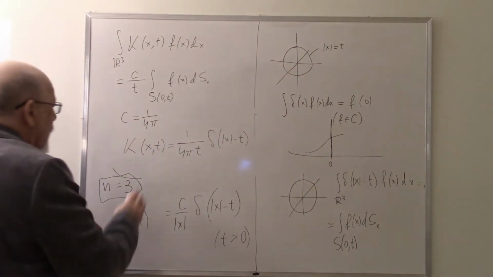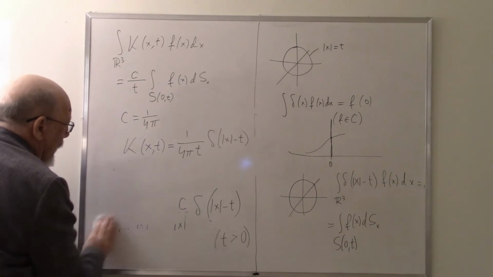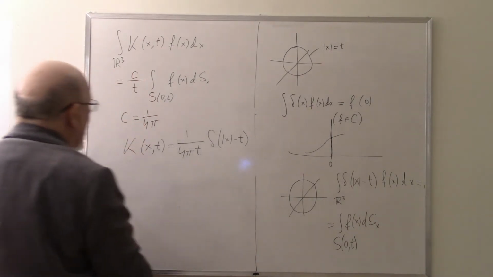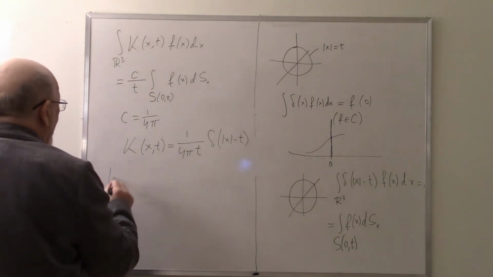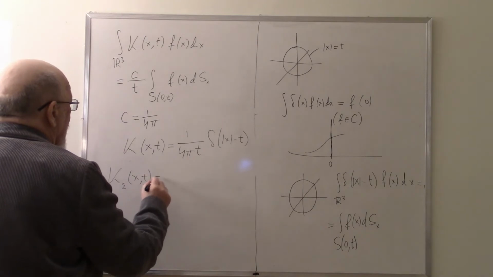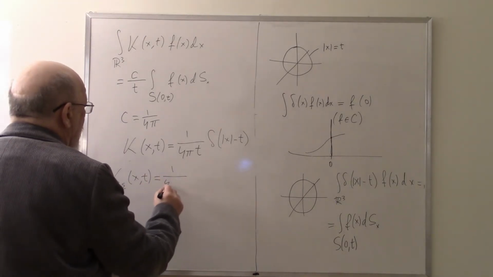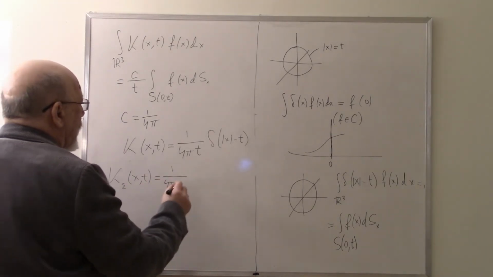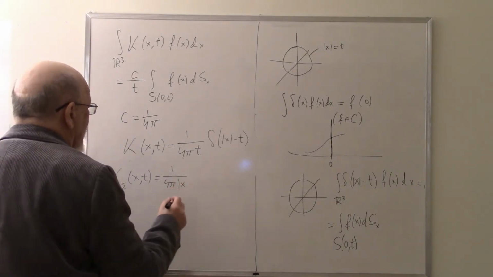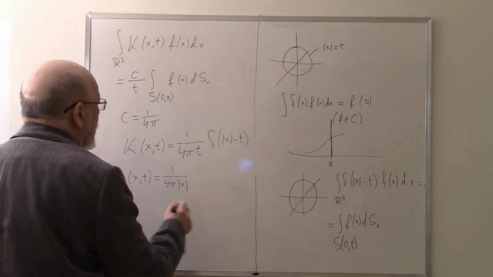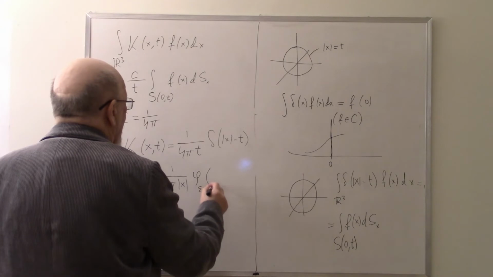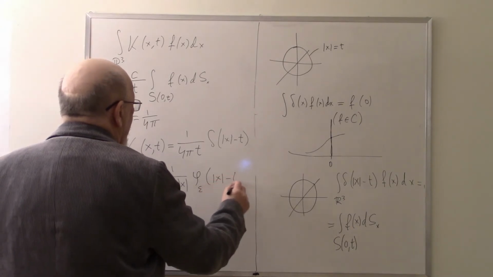We can consider some delta-like function. For example, we can consider k epsilon of x t equals 1 over 4 pi, module x, phi epsilon of module x minus t.